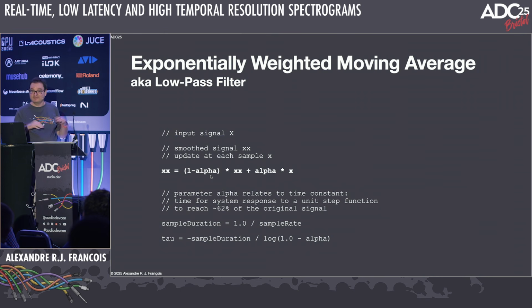More than having a buffer with a window and some magic in it to make it work. So this is very simple, very cheap to compute. There's one single parameter that can be related to a time constant. And we'll see how that works out later for frequencies.